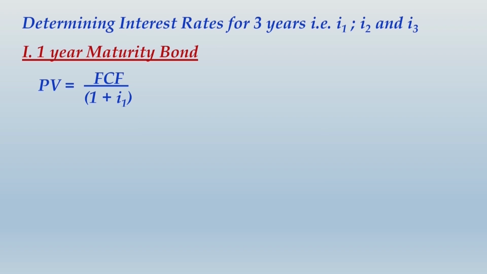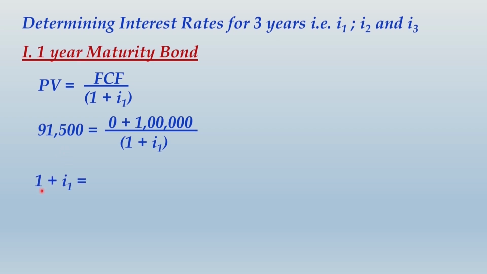So the present value of the bond is already given as 91,500 and the future cash flow will be 0 plus 1 lakh. Why this 0? Because the first year bond, that is the 1 year maturity bond, does not have any coupon payment being offered. So the coupon payment is 0, but the redemption value will be at par, that is 1 lakh. So this future cash flow divided by 1 plus I1 gives you the present value of 91,500.